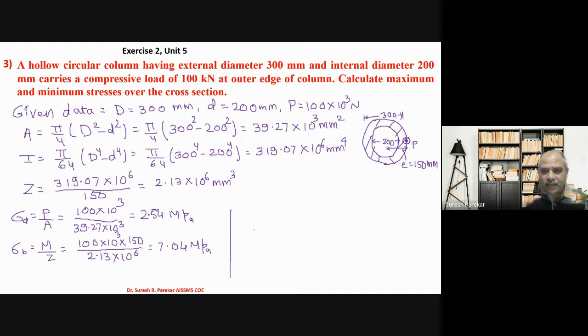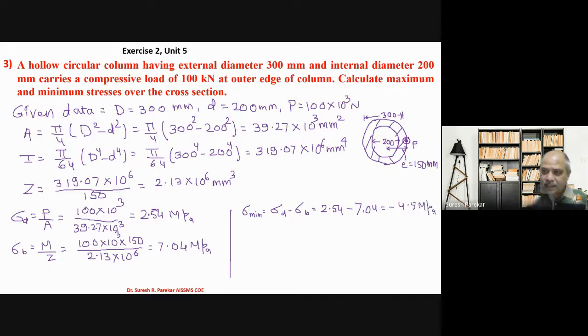And from this we get sigma minimum equal to sigma d minus sigma b, that is 2.54 minus 7.04, and we have this value as minus 4.5 MPa.